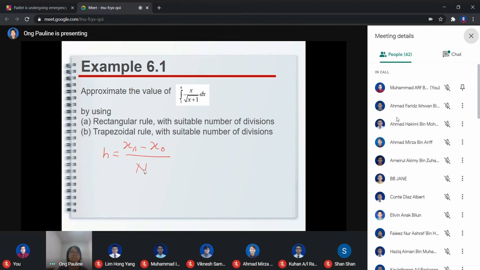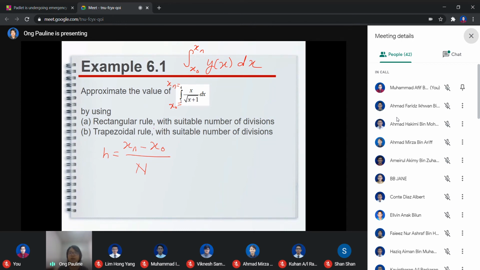S0 is the lower bound of your integration and Sn is the upper bound, because in general form we have the integral from S0 to Sn of y(s) ds. So S0 is 1 and Sn is 4.